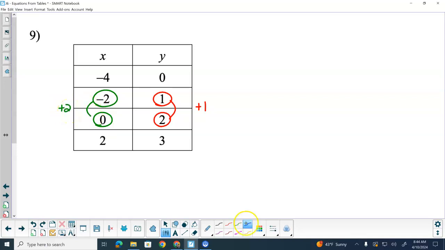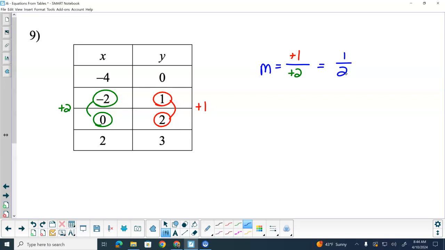Okay? Which means then that our slope is going to be plus 1 over plus 2. Did you get a slope of positive 1/2? Yes? Love it.